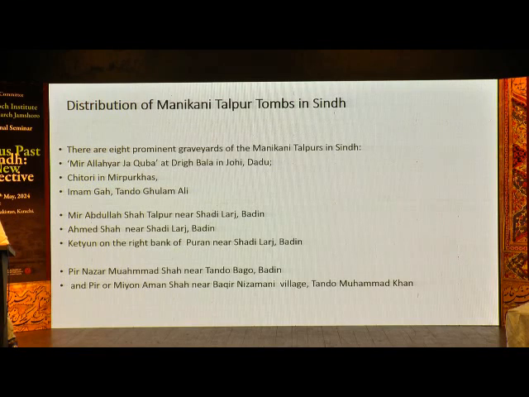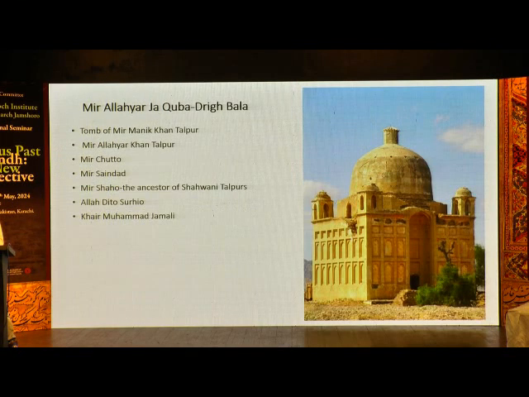It was basically first capital of the Tharo Khan, which is located on the right bank of the river Puran near Shah Bilaj, and Pir Nazar Muhammad Shah near Tando Muhammad Khan, where Bagani, a sub-lineage of Manikani, the dignitaries or the descendants of Baganis are buried in this graveyard. And the last is Pir or Mio Aman Shah, also called Amanullah Shah, near Bakar Nizamani to Muhammad Khan. So now let's discuss one by one all the 6 graveyards. So I just show you slides that basically talked about 8, but I will focus on the 6.